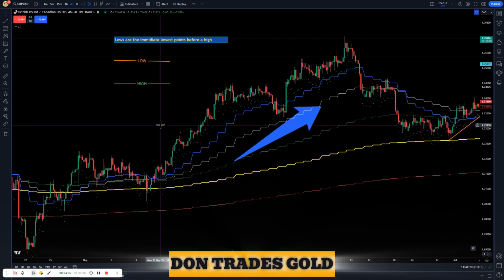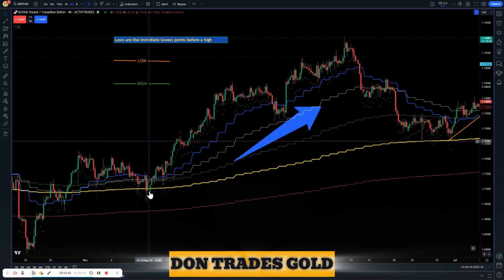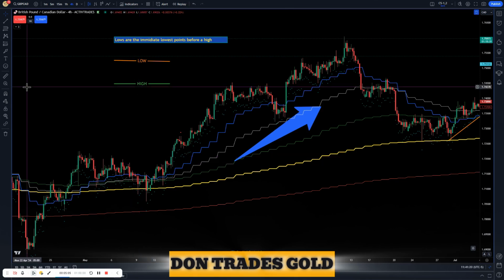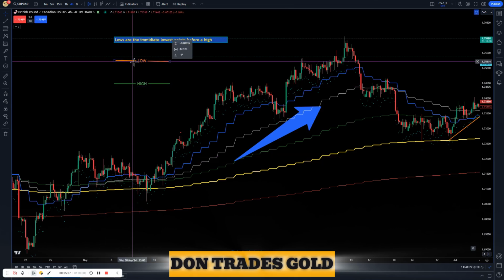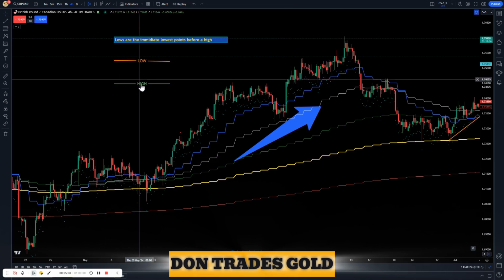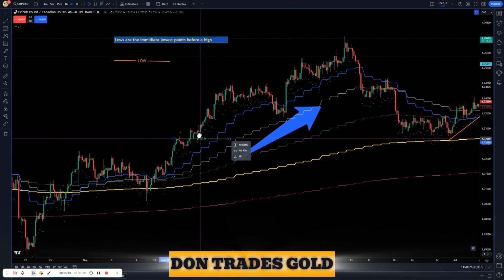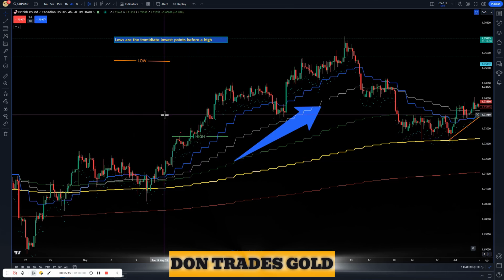All right, so let's just look at this component of price action, right? This part. So you see that the price makes a high here. Okay, it's a high. And a low in an uptrend is the immediate lowest point before the high.